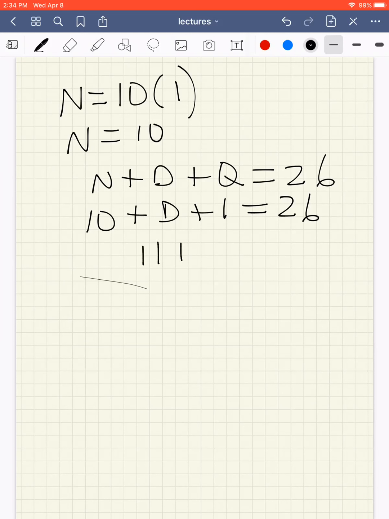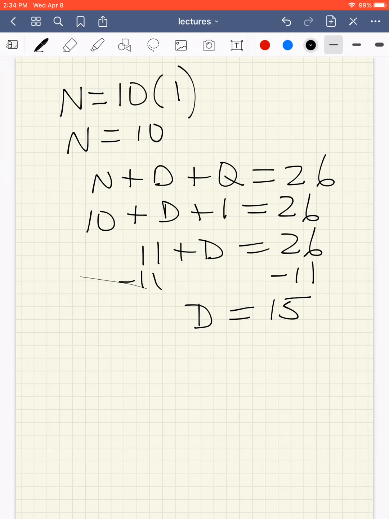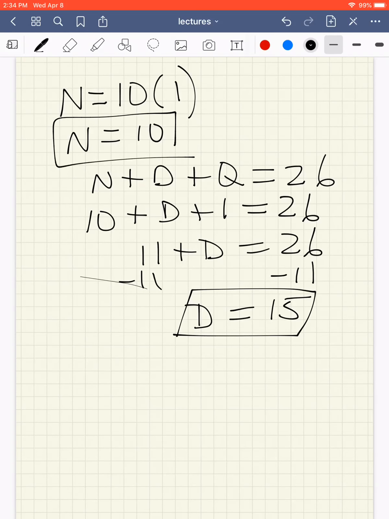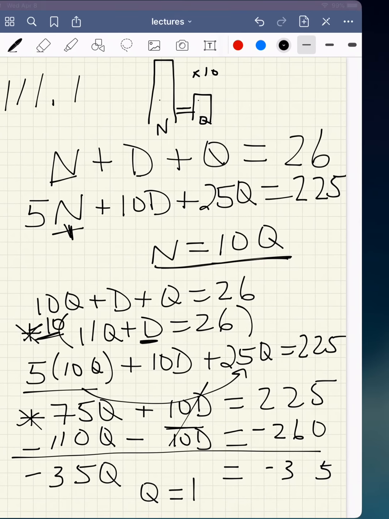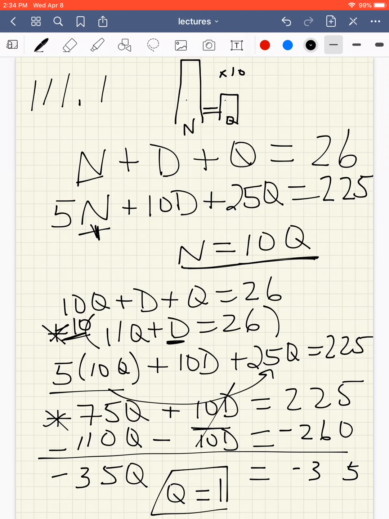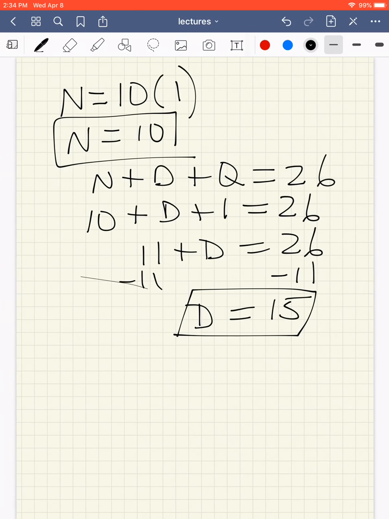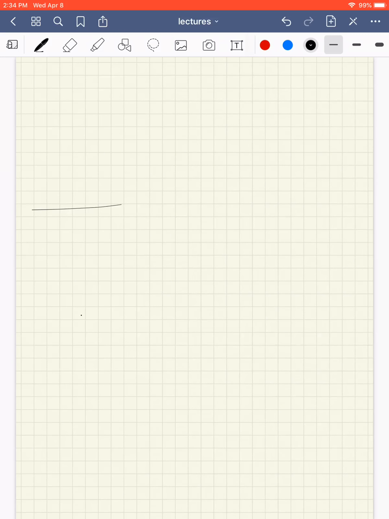So that's 11 plus D is equal to 26. So subtract 11. D must be equal to 15. So D is 15, N is 10, and Q is 1. Alright, so completely doable, not too hard to write from words to an equation.